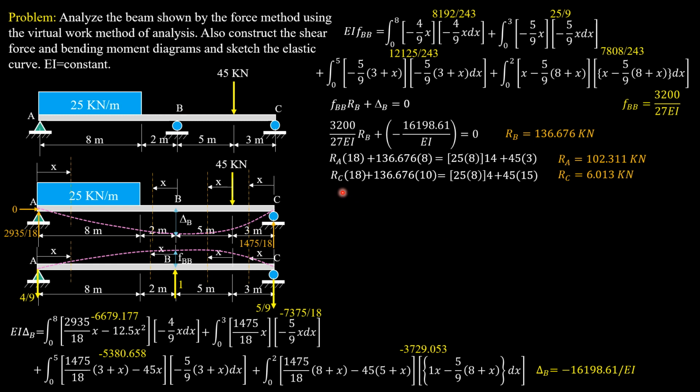So R sub C is equal to 6.013 kilonewtons. Then you can check the summation of forces along Y. You do that on your own.